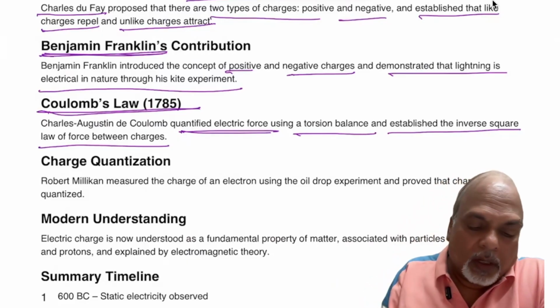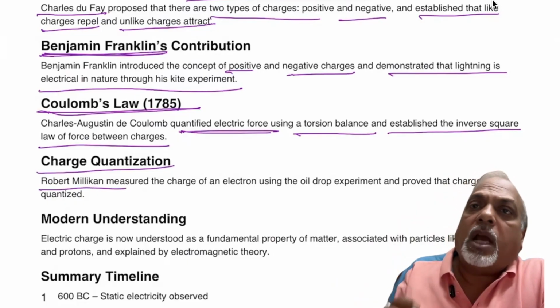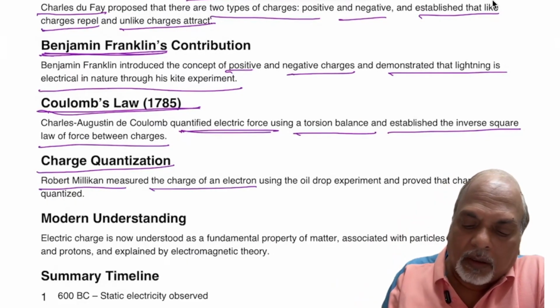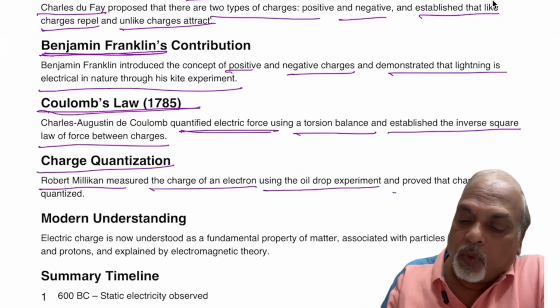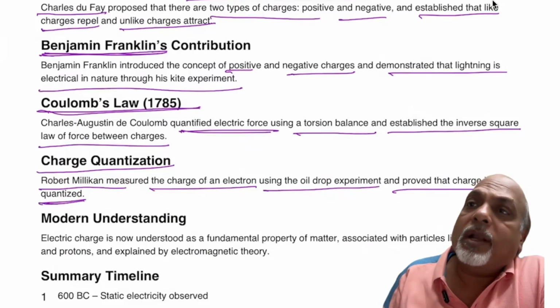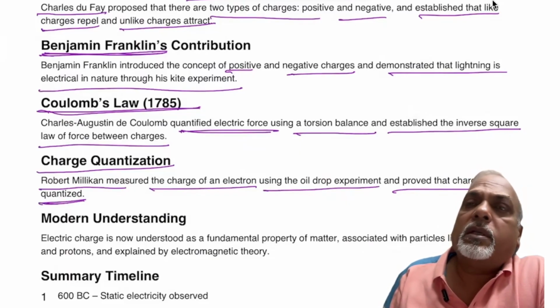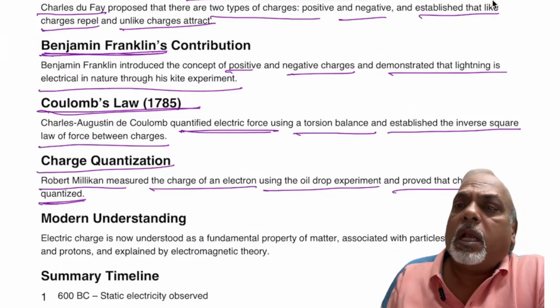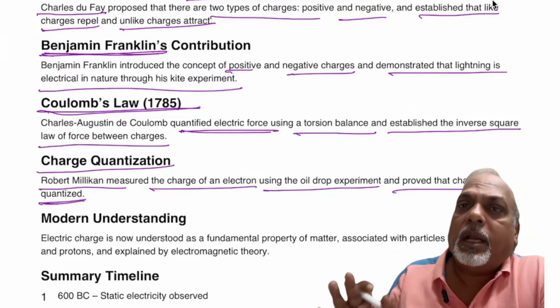Now, in this charge quantization, Robert Millikan measured the charge of an electron using the oil drop experiment and proved that charge is quantized. Means there cannot be a fraction of charge. It has to be an integral multiple of the fundamental charge, that is the electron.